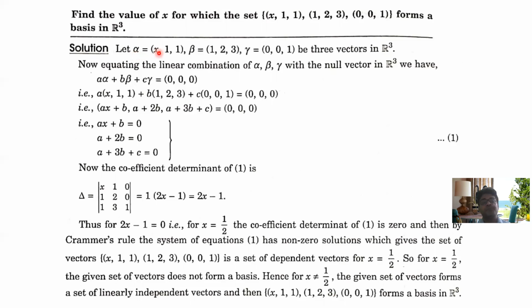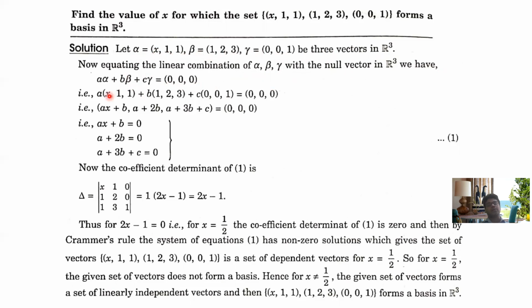Let alpha x 1 1, beta 1 2 3, gamma 0 0 1 be three vectors in R cube. Now equating the linear combination of alpha, beta, gamma with the null vector in R cube, we have A alpha plus B beta plus C gamma equal to 0 0 0.